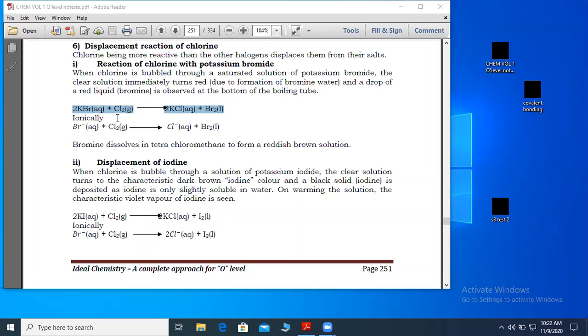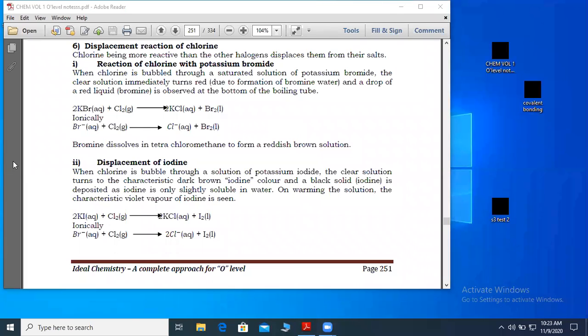Let me repeat it for you such that in case you are writing down something, you can take it down. We say chlorine is more reactive than bromine, full stop. And you saw how I was marking. I gave you a mark for that statement. That is the first statement.